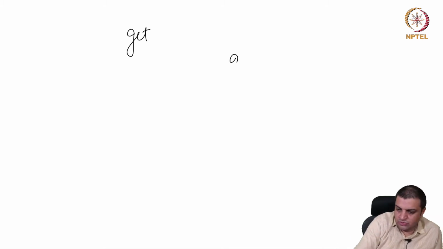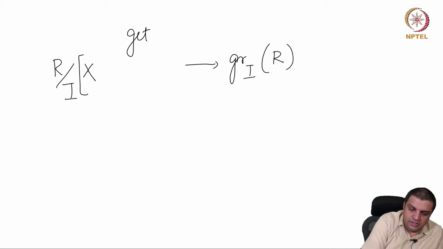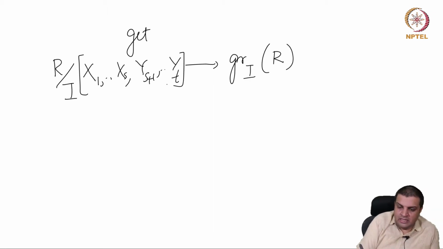Now we can get the associated graded ring of R as a quotient of R mod I adjoined these many variables, capital X1 through Xs and capital Y(s+1) through capital Yt. And what is the map?